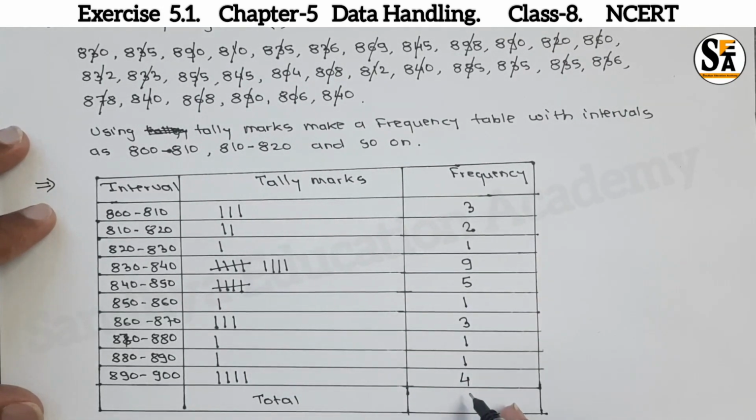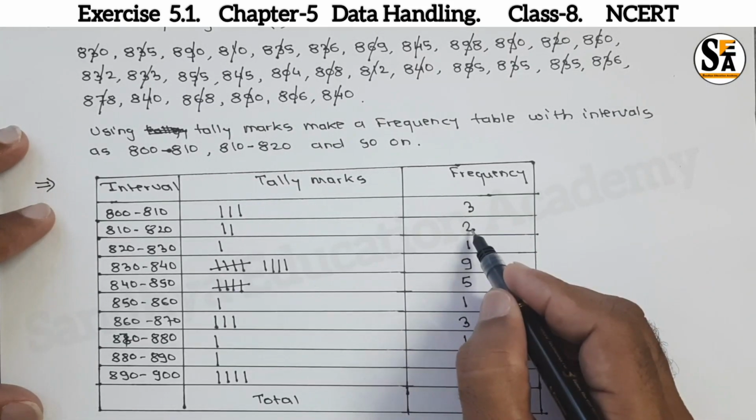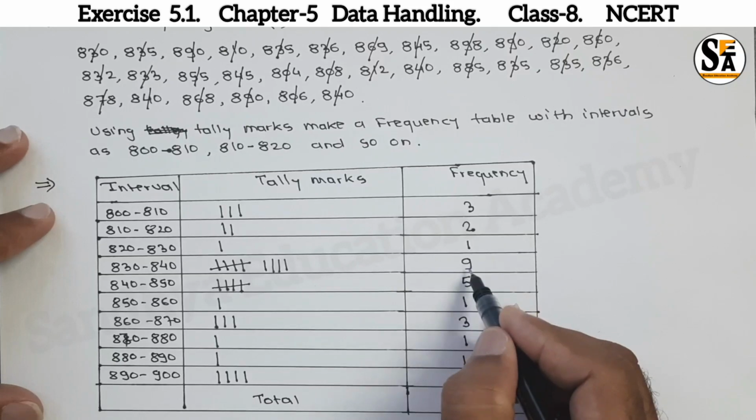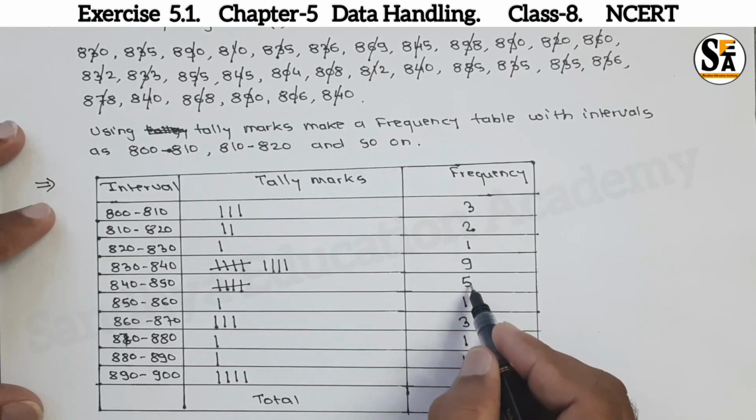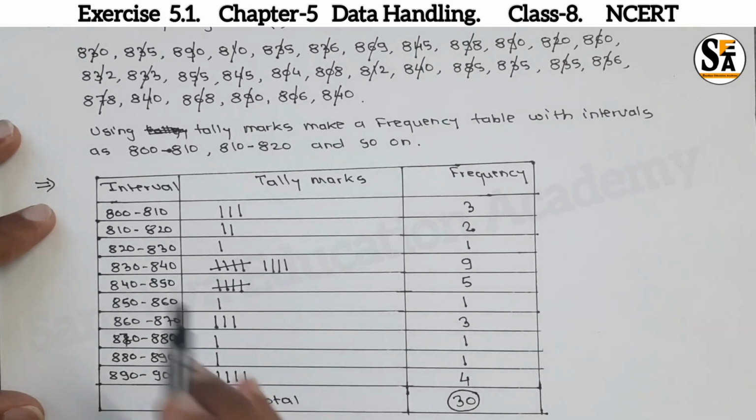If we add all these frequencies, 3 plus 2 is 5, 6 plus 9 is 15, plus 5 is 20, 21 plus 3 is 24, 25, 26 plus 4 is 30. So here we are getting a total of 30 entries, which means our frequency marking is correct.